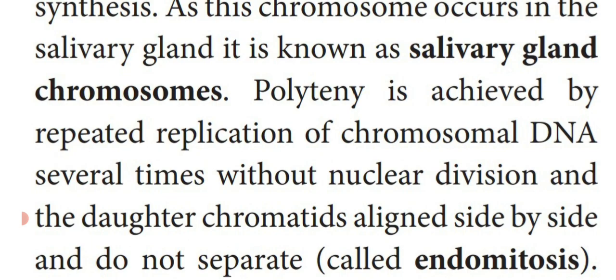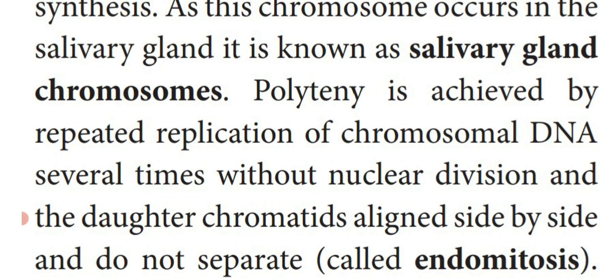The polytene chromosome undergoes repeated division or several replications without nuclear division, and the daughter chromatids are aligned side by side and do not separate. That is known as endomitosis.